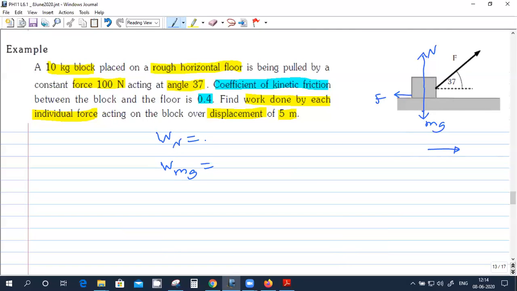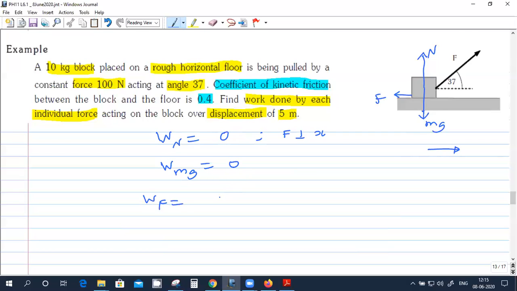So you can calculate the work done by all the individual forces. The work done by the normal force is 0, because the force is perpendicular to the displacement. And the work done by the weight is also 0.